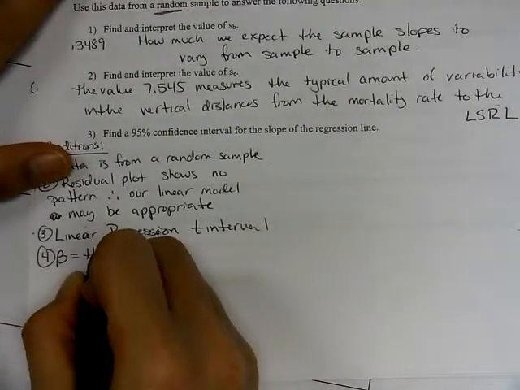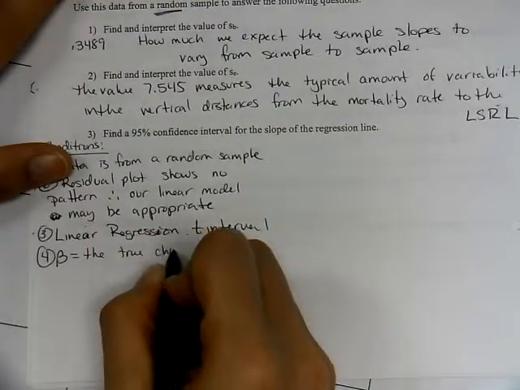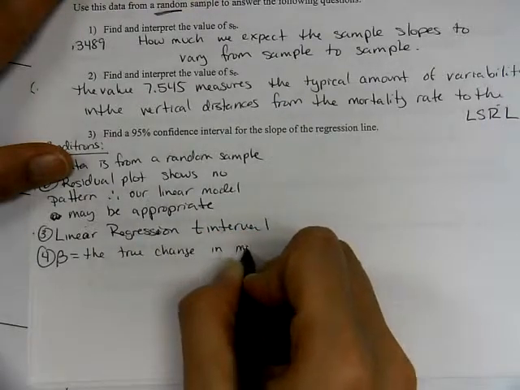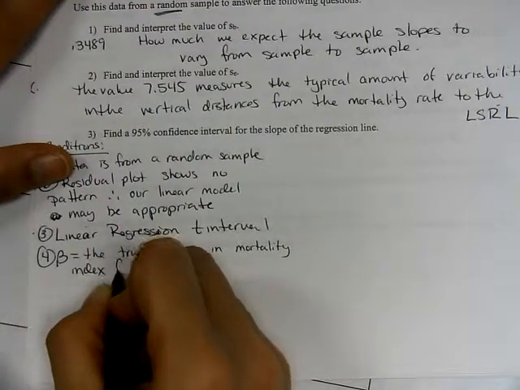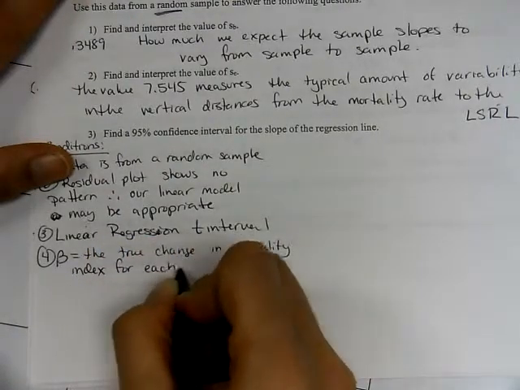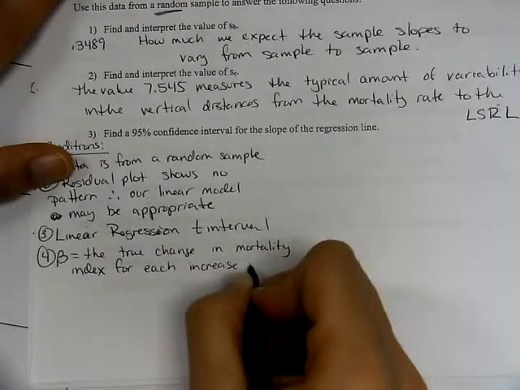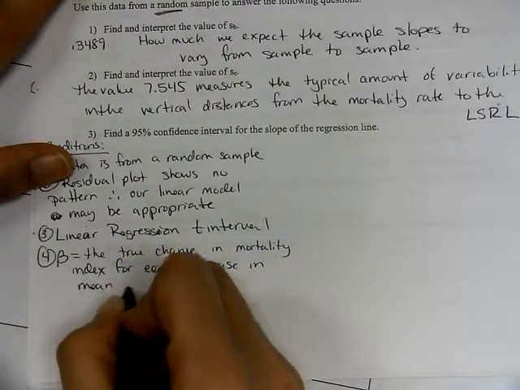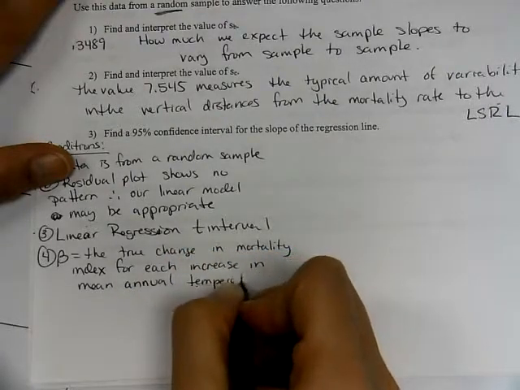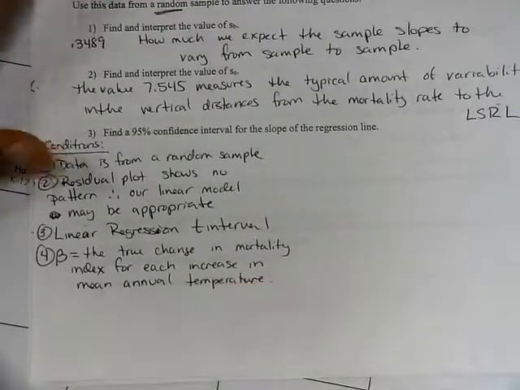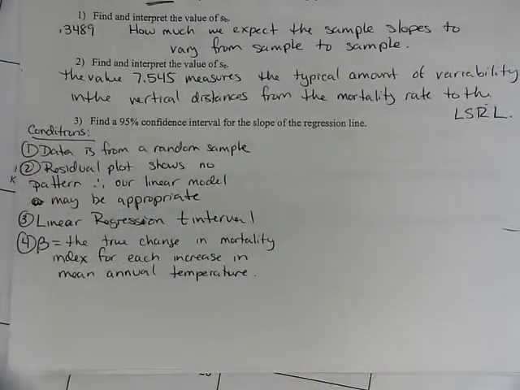So beta is the true change in mortality index for each increase in mean annual temp. Again, you don't need a hypothesis for a confidence interval.